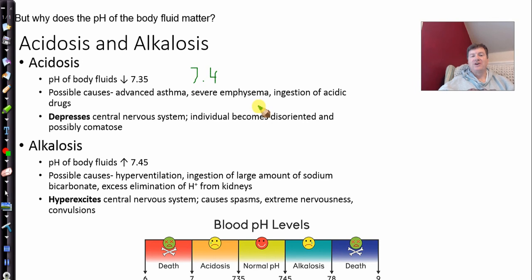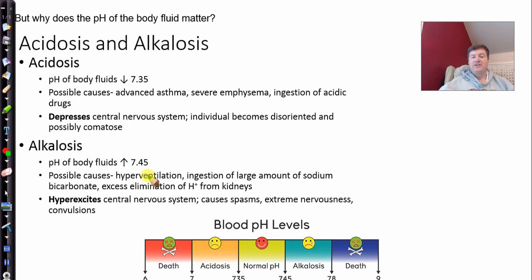Several other conditions can cause this. The pH will drop below 7.4, below 7.35. It's becoming more acid-like, even though it's still technically at the basic pH. It's becoming more and more acid because the pH is dropping. It's getting smaller. This will depress the central nervous system, eventually cause the person to become disoriented and possibly comatose, and it can be fatal.